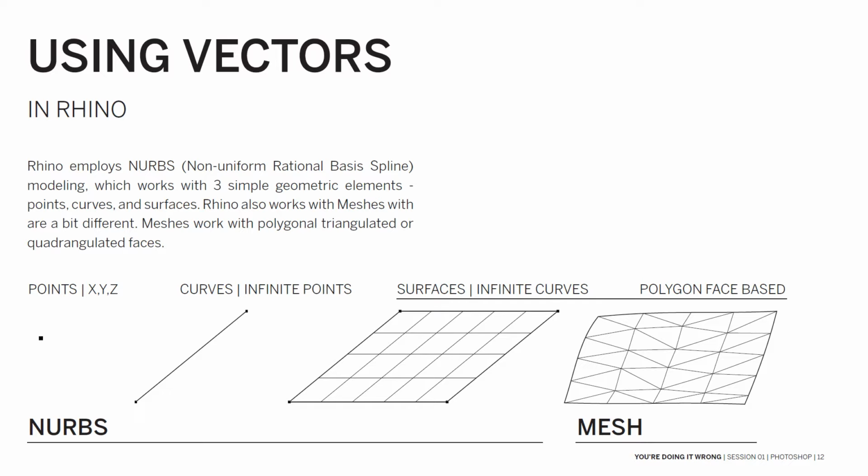The same thing with surfaces. Surfaces are an infinite extrusion of curves. So if I have a surface, I can extract a curve from any point along that surface. And I can divide that surface an infinite number of times in both what's called the U and V direction, and we'll talk about that when we get into Rhino.